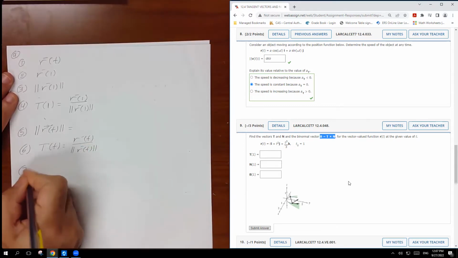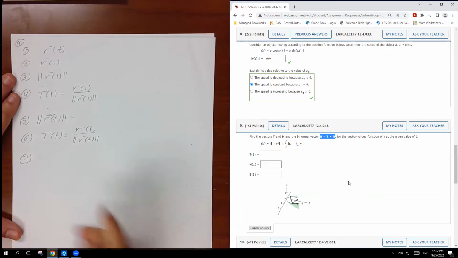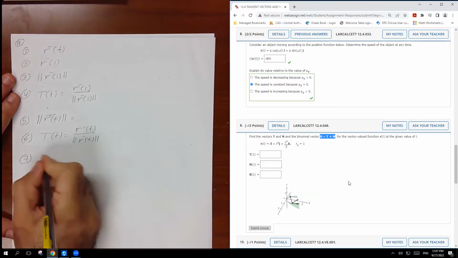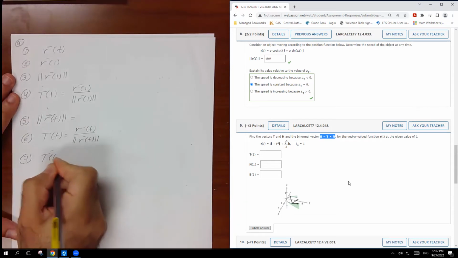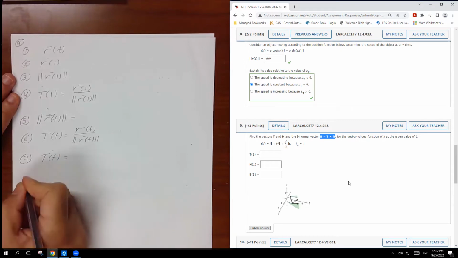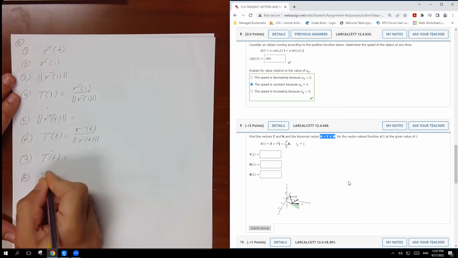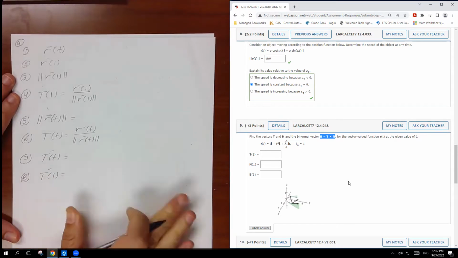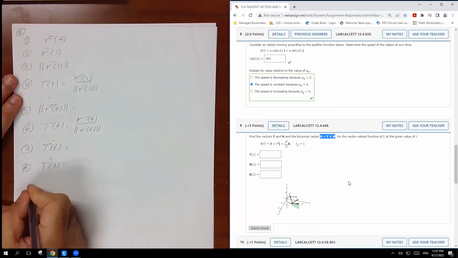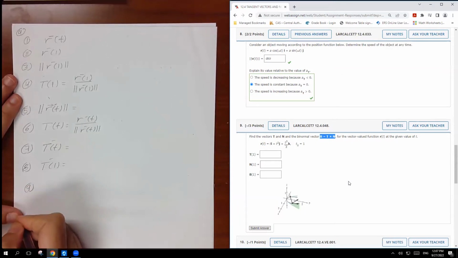Step 7, you're going to find the derivative now. Step 8, find the derivative with respect to t.